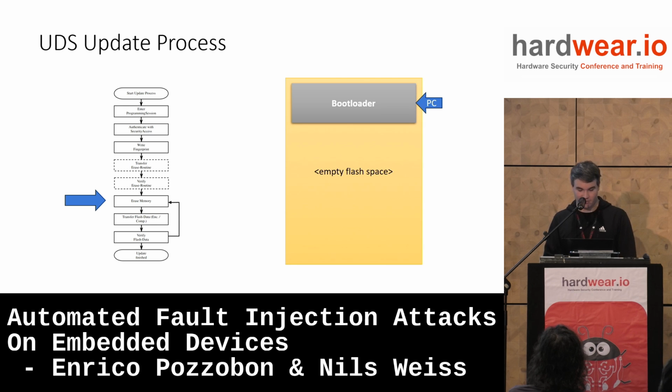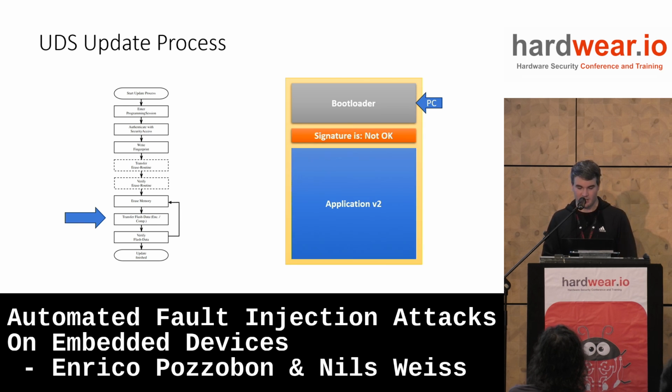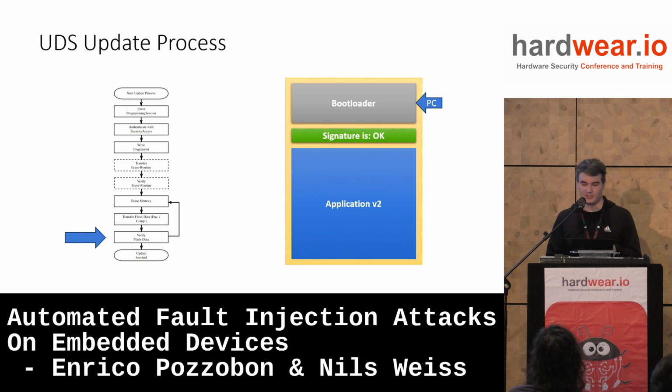Finally, after the memory is erased, we transfer the new application payload, and then the firmware will internally verify that this application that we delivered is authentic. So it will do, again, a verification of an RSA signature. And if the signature was okay, it will write down somewhere that the application was correctly verified.